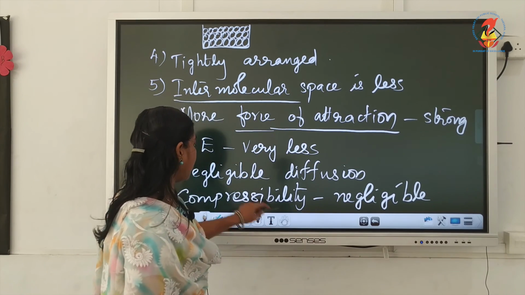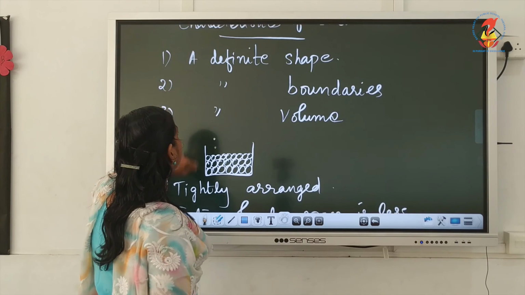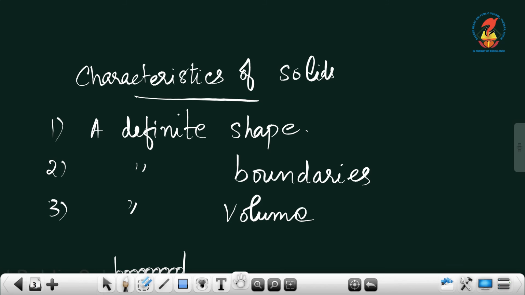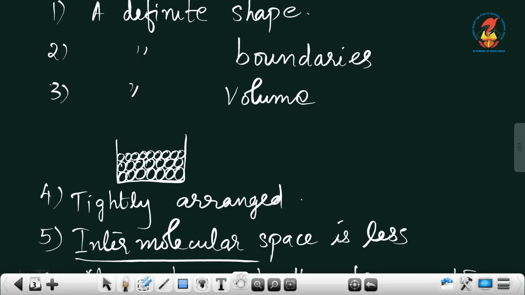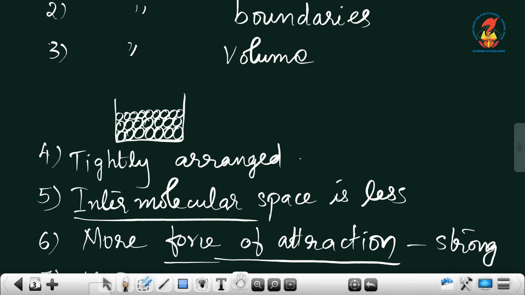Okay, once again, on concluding the points, the characteristics of solids are definite shape, definite boundaries and volume, and they are tightly packed. The arrangement of particles is very tight.